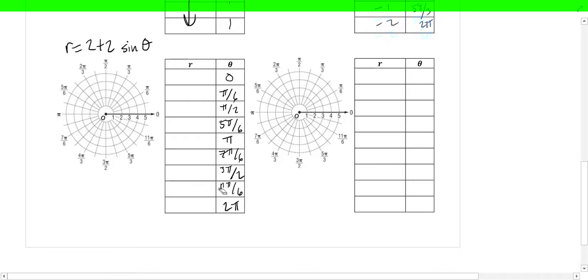That doesn't look like 11, it looks like a pi. Yeah, 11, there we go.